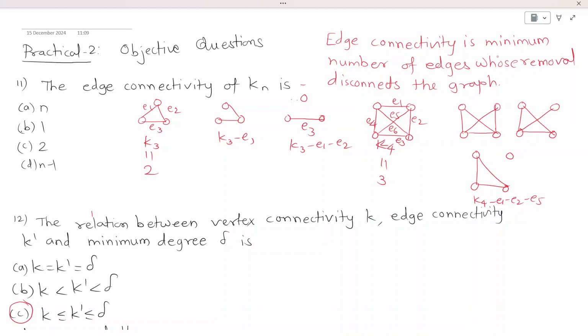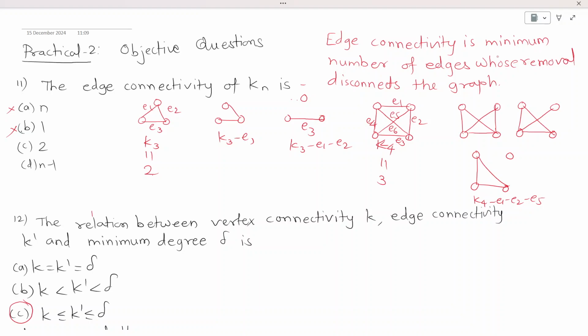If you observe the options, for K3 the edge connectivity is not 3, and for K4 the edge connectivity is not 4. So the first option, that is n, is an incorrect option. 1 is not the edge connectivity for both, so option 1 is also incorrect. Option 2 is correct for K3 but not for K4. If you write edge connectivity is equal to 2 for Kn, then it should hold for each graph Kn.